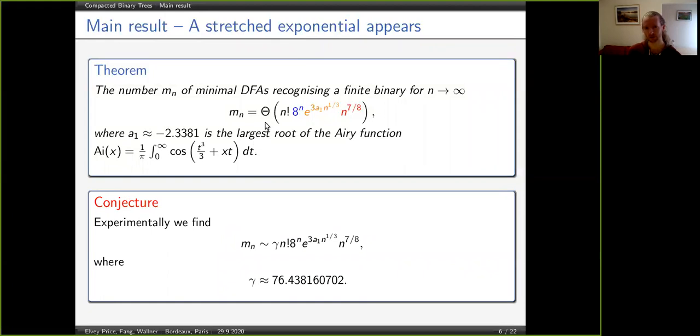So theta means that we have upper and lower bounds which differ just by a constant term, but we don't even know that a constant term exists. So naturally we conjecture that this is the asymptotic form, where we have this approximation of gamma, which we expect to be correct to the digits quoted.